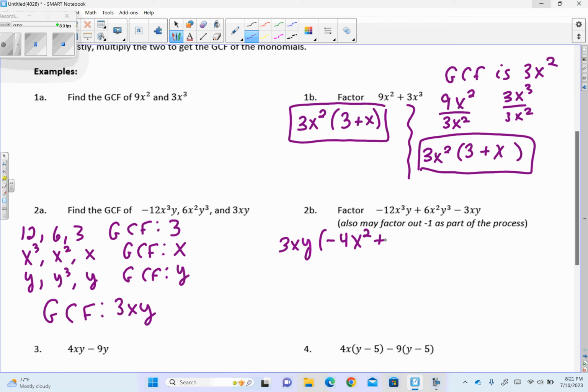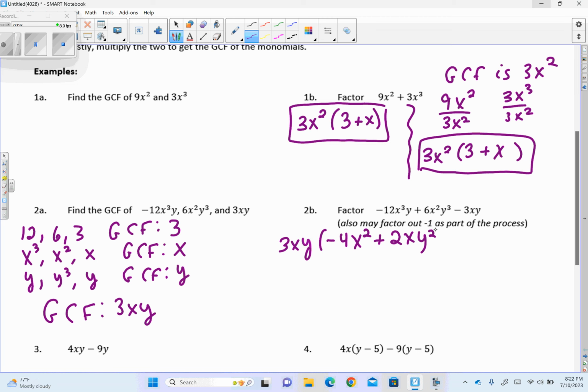Then we're going to move to the second term. We need to know 3 times what will give me 6, and that is a 2. If I have x to the first and I need x to the second, then I need one more x to the first. And if I have y to the first and I need y to the third, I need 2 more y's.